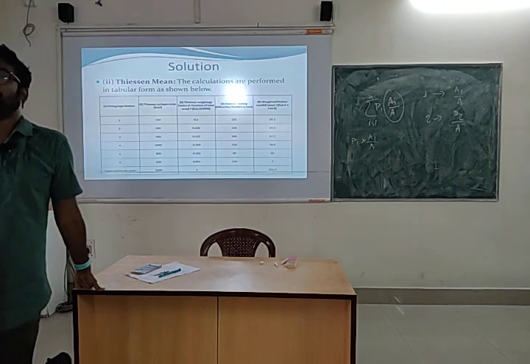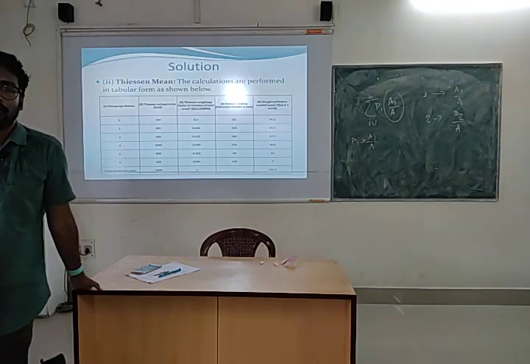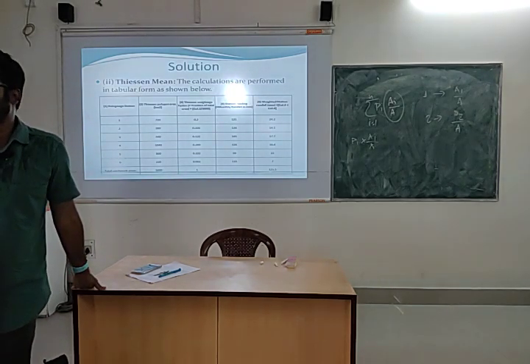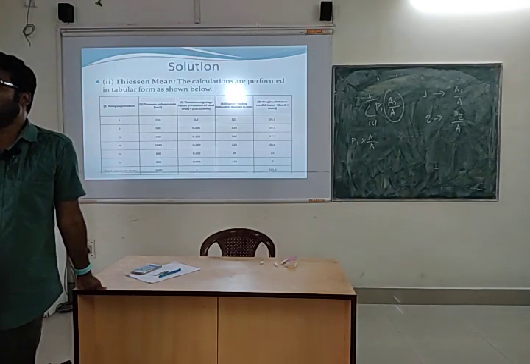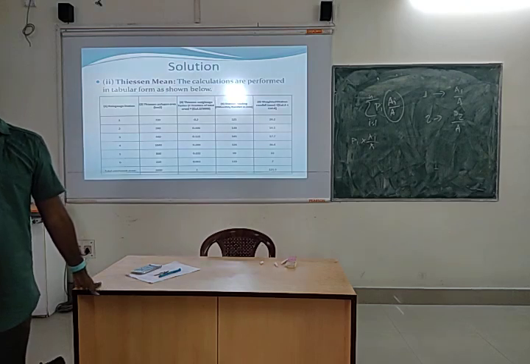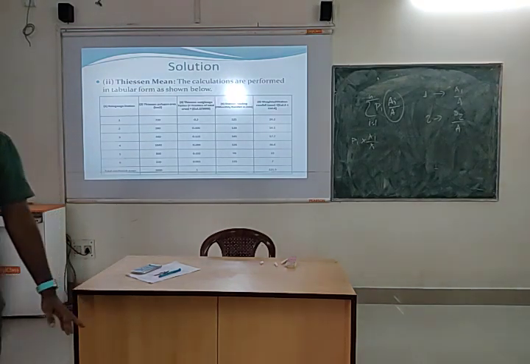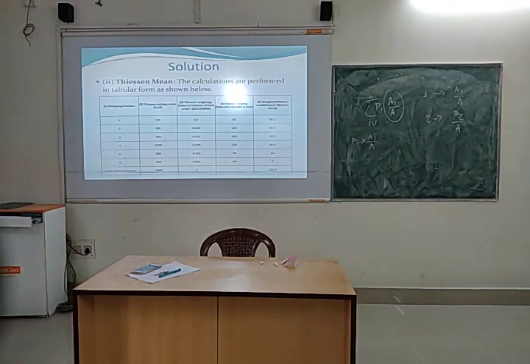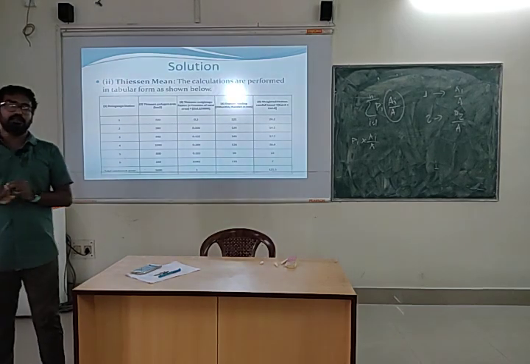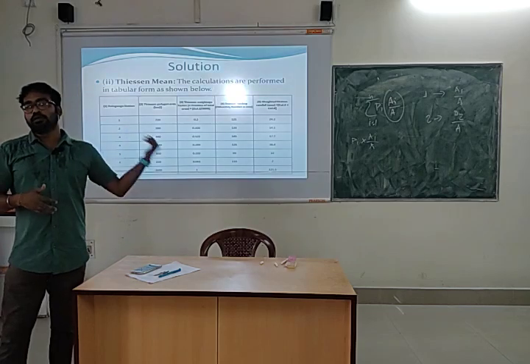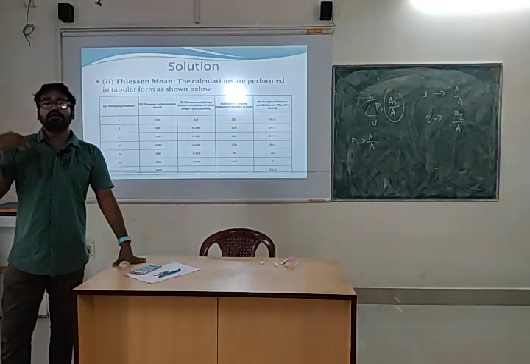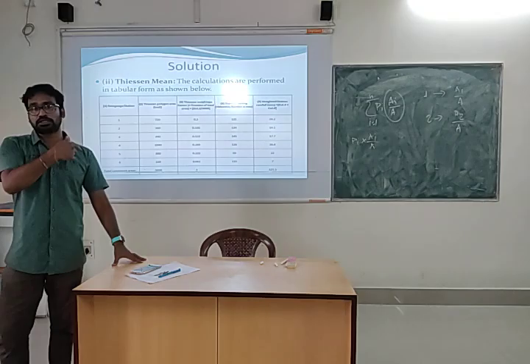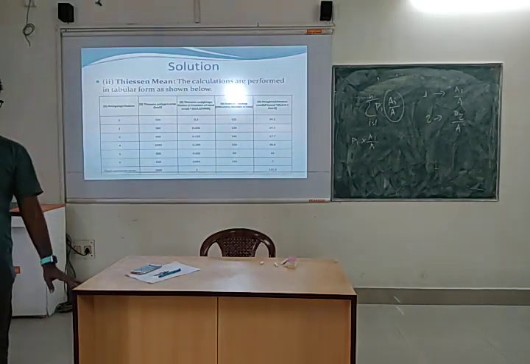But if arbitrary sections or an arbitrary catchment area shape is given, then obviously the area will be provided to you, because the area of arbitrary shapes can be found out by a planimeter only, and in an exam it will not be possible to find out the areas of those arbitrary shapes. Clear? So obviously the area will be provided if those types of shapes are given to you.